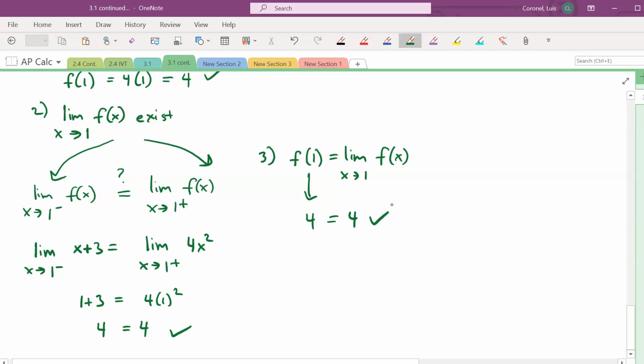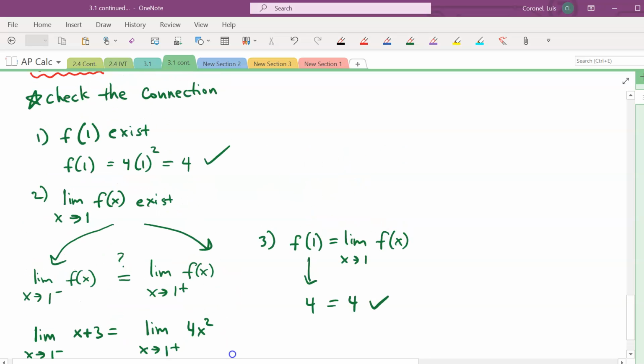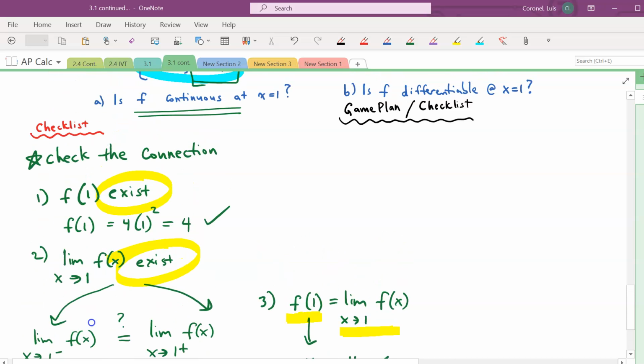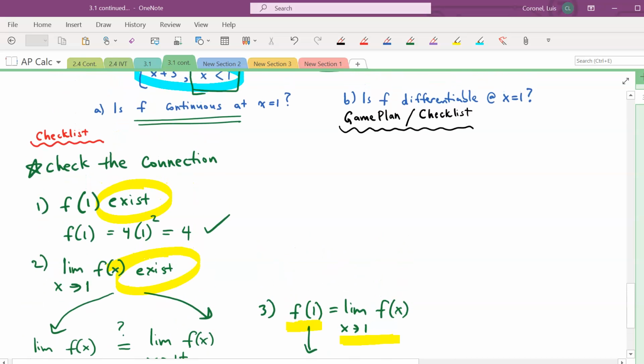That's our checklist for continuity. You have to check if the function exists, check if the limit exists, and the third check is, does the function value equal the limit? And that's how you check for continuity.